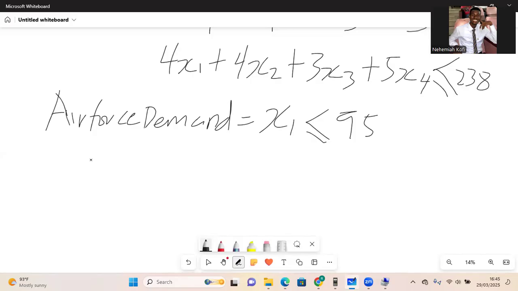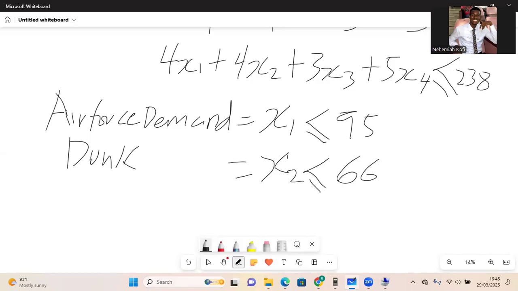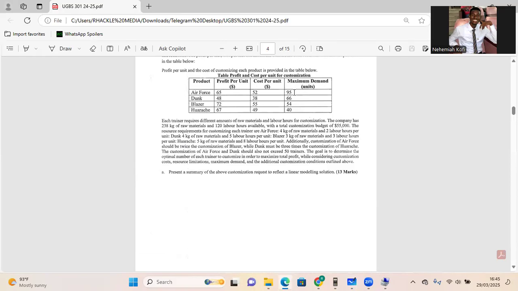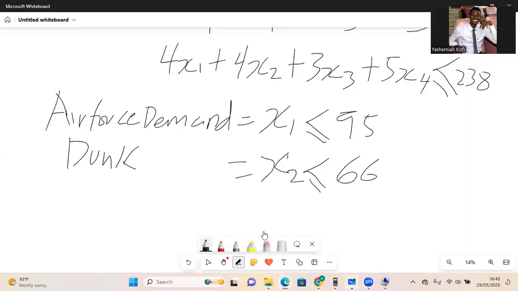And then Dunk is such that X2 is less than or equal to 66. Remember, the maximum demands are here. So I'm just putting the same thing there.